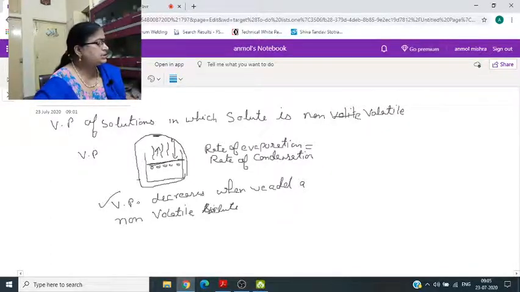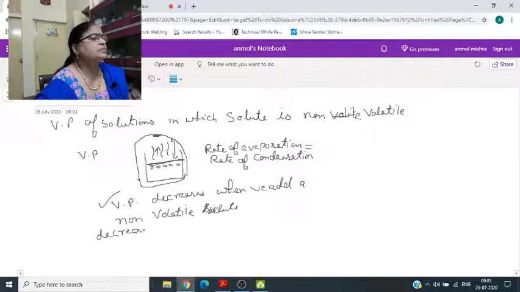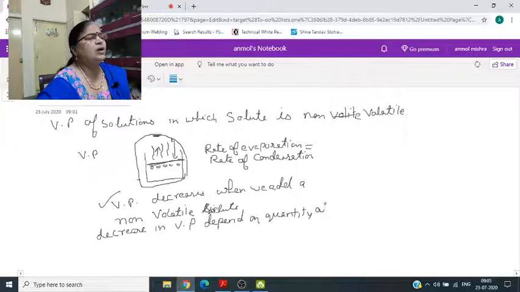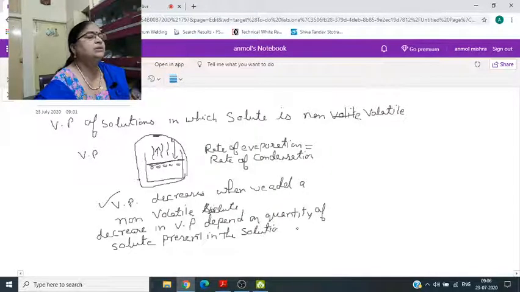Now, the decrease in the vapor pressure depends on the quantity of non-volatile solute present in the solution and not on the nature.